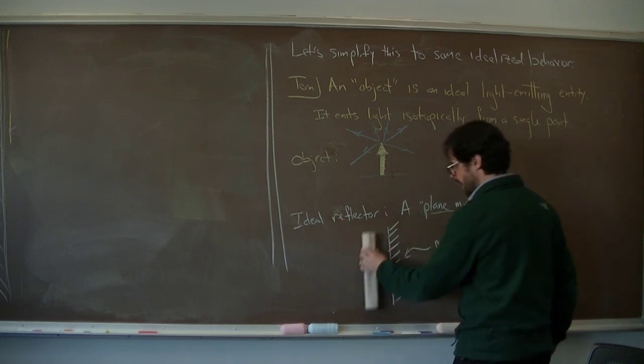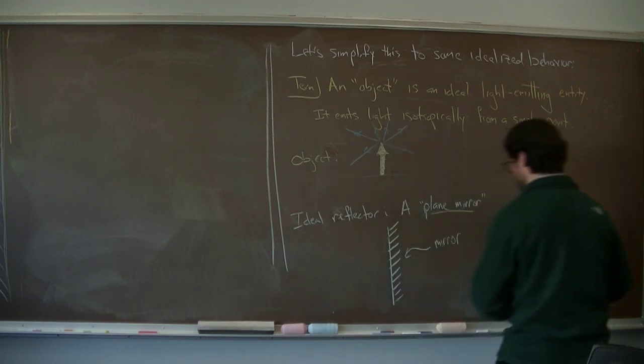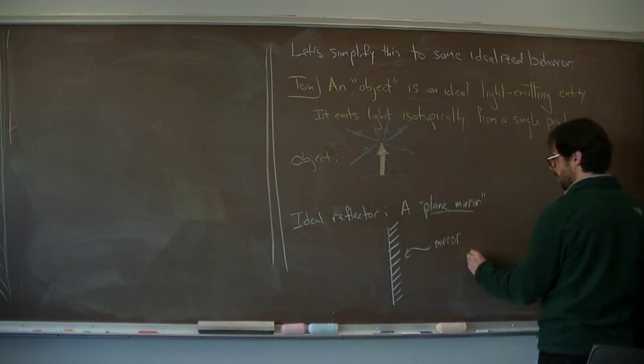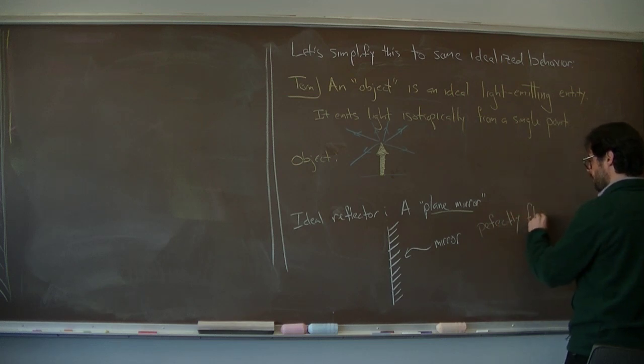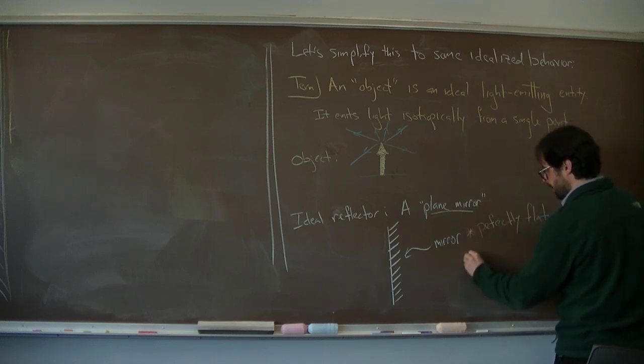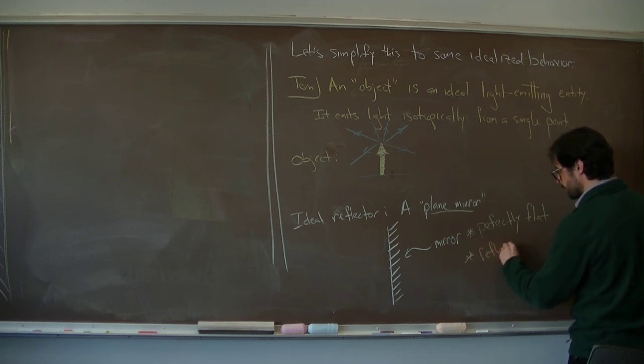So perfectly flat, and it doesn't absorb anything. So a plane mirror has two properties: perfectly flat and reflects everything.